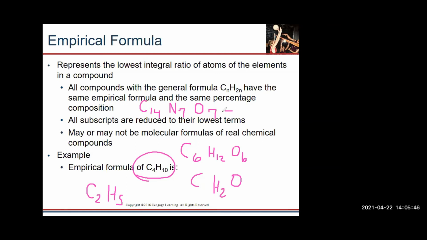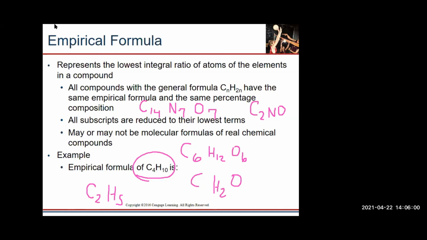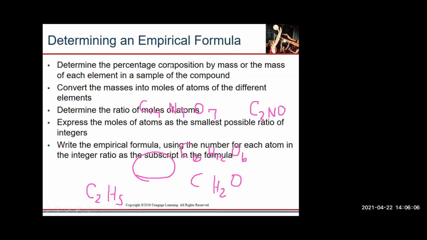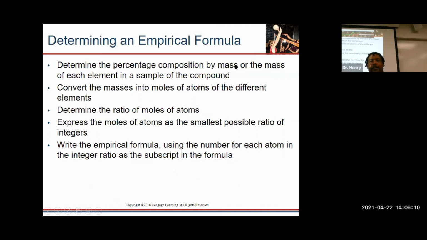C2NO. Okay, simple, not too hard. Yeah, simple. I thought you were going to give us hard stuff. Don't worry, I'm building you up to it. I'm just kidding. No, I actually like these. Make the exam full of those. Okay.